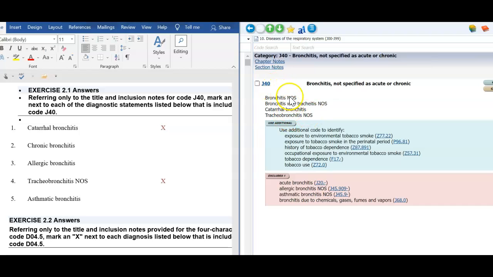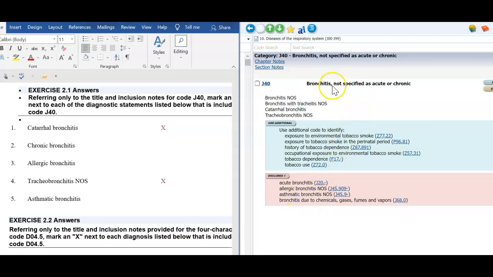So these here are all included, but asthmatic bronchitis is not. It's not listed here. Okay. One good thing here, remember our words on Excludes1. That means it's not coded here. Okay, and that's where that is right there.